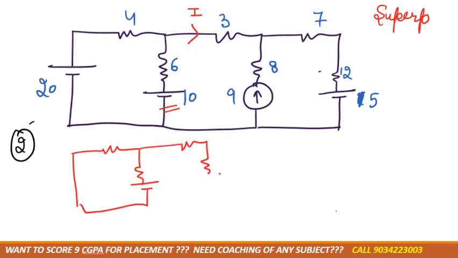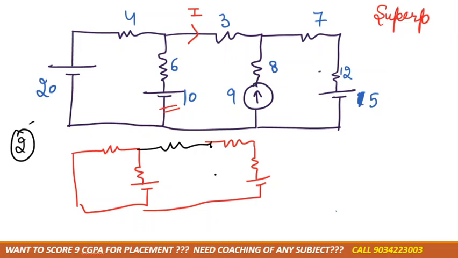Then third one is the current source, open circuit. Correct? So don't need to draw because current is not flowing in it. So why are we drawing? It will create a confusion only. This one I double dash. Yeah, what are you saying?